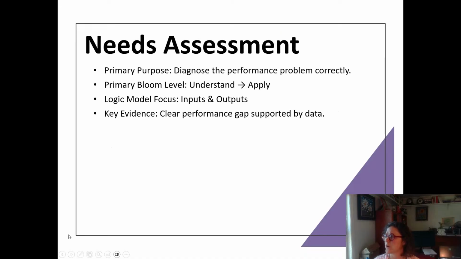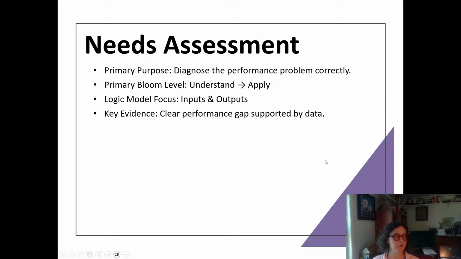Next, we're going to look at the needs assessment. The primary purpose is to diagnose the performance problem. What's really happening? What are they supposed to be doing? Where's the gap? And what do you need to do to close the gap so employees are working at the expected level?